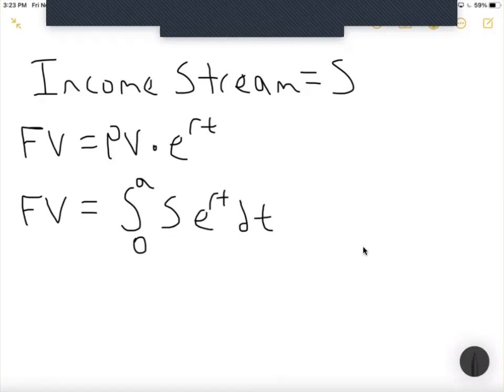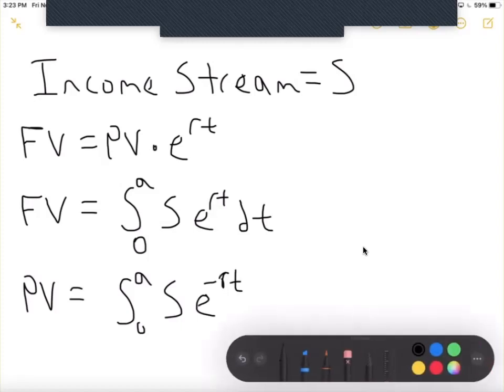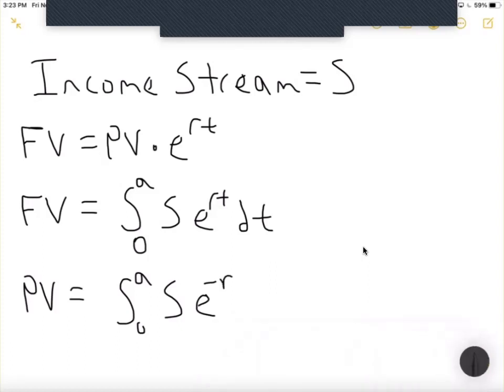And we have our present value formula, which is almost the exact same formula, except instead of e to the RT, it's e to the negative RT. So before we only had one equation that related present value to future value. Now we have three equations that relate present value, future value, and income stream all to each other. Let's go ahead and do an example and see how it goes for us.